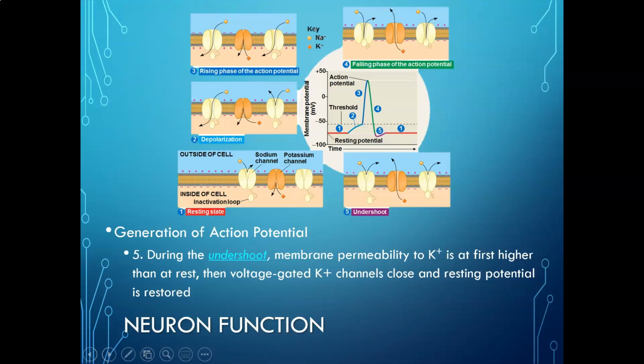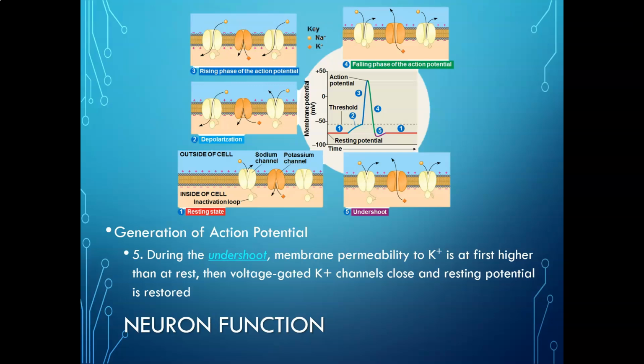What does that mean? That membrane's permeability to potassium is actually slightly higher at rest than it is where your cells will start to actually close those potassium channels. Hopefully that makes sense. So we're going to allow that potassium to overshoot its equilibrium point above and beyond what we would want at that resting potential.